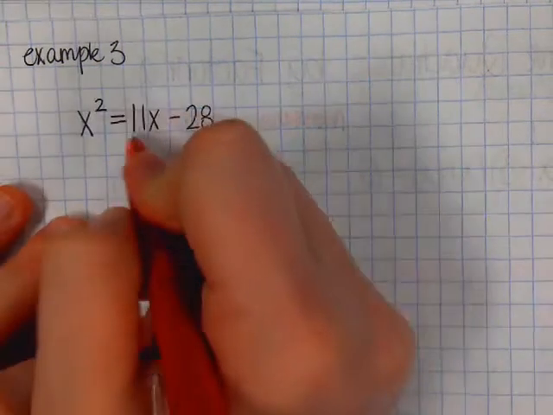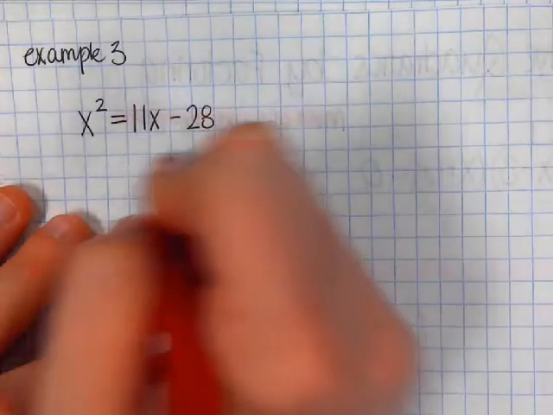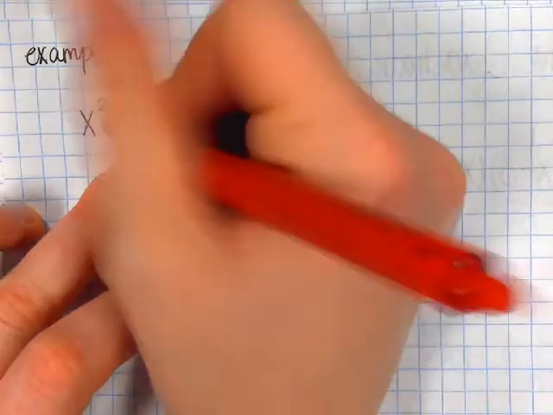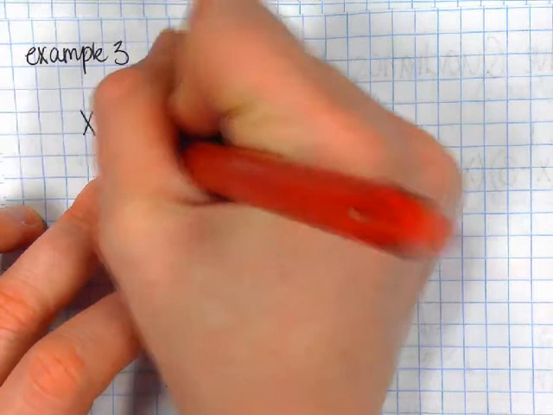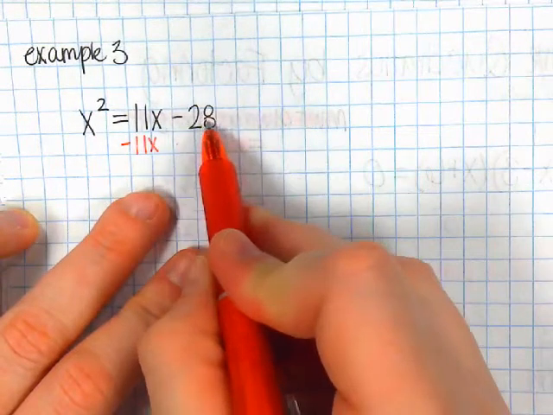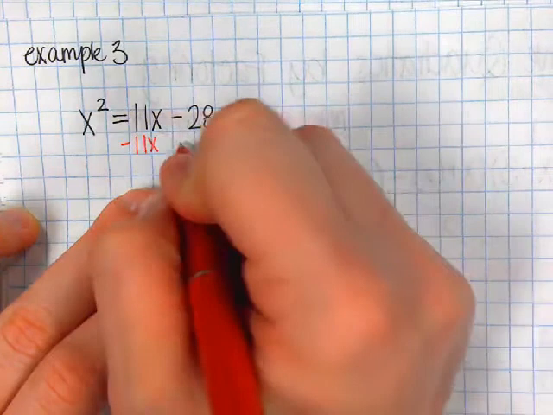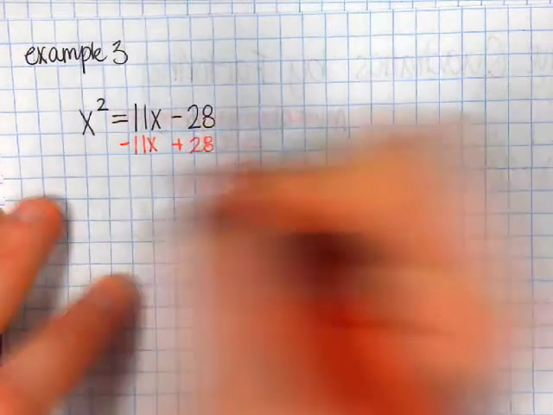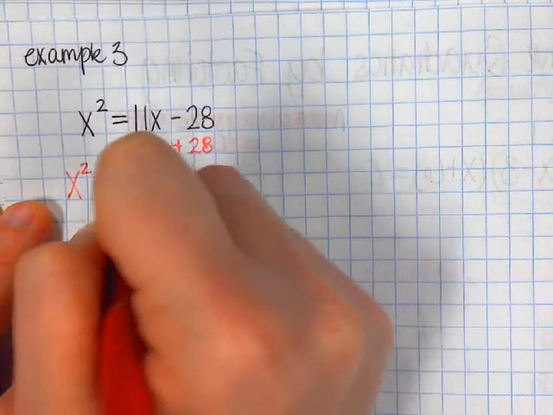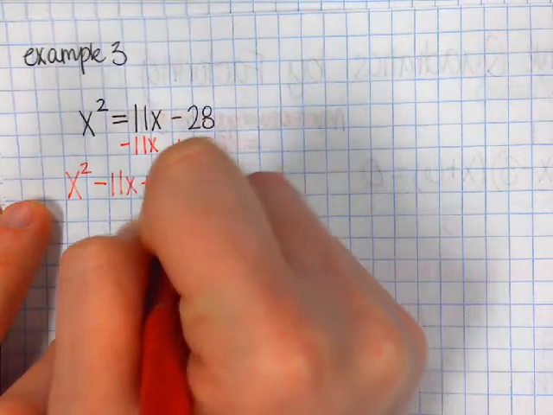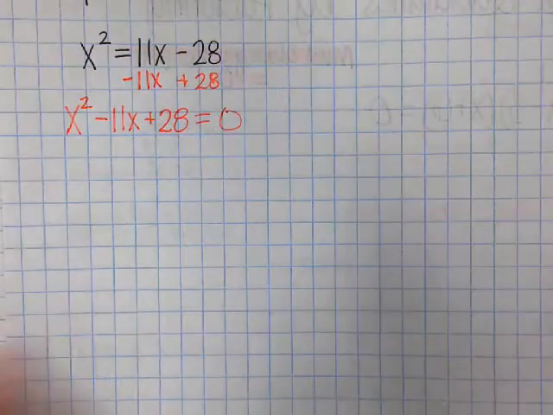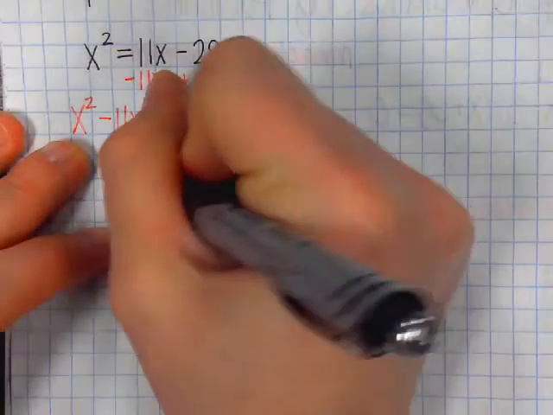So we need to set these equal to 0. So in order to do that, you need to move this 11x to the other side and the -28 to the other side. So right now 11x is positive, so I need to subtract it, and since it's -28, you need to add 28. So then it would be x squared minus 11x plus 28 equals 0.